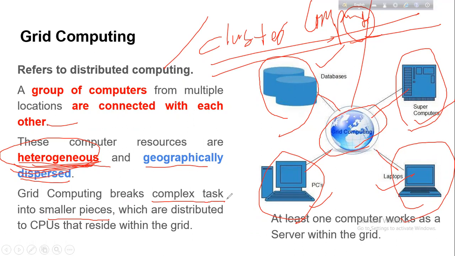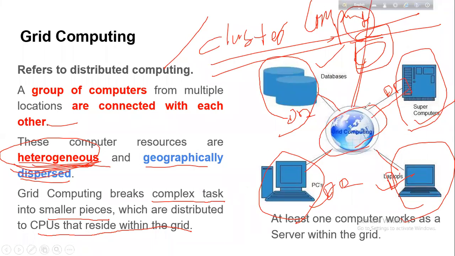So grid computing breaks complex tasks into smaller pieces, which are distributed to CPUs that reside within the grid. You have a large task, so that task is divided into smaller pieces and then given to different computers to solve.